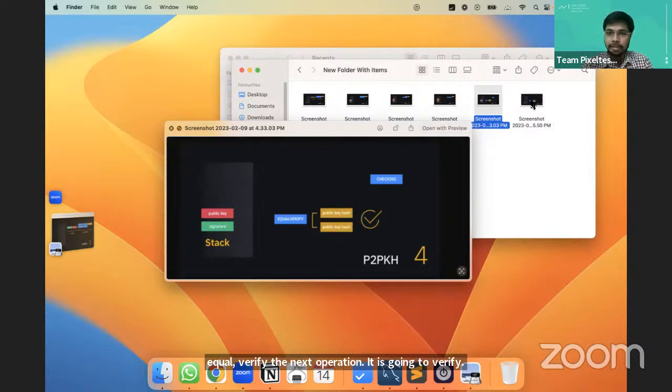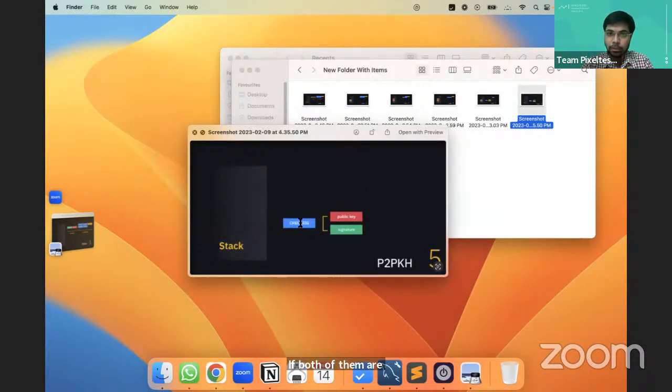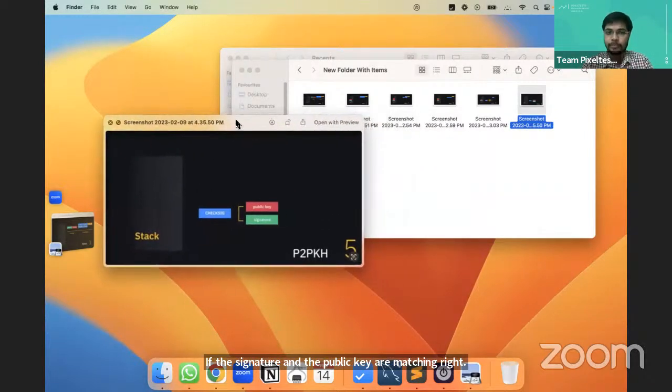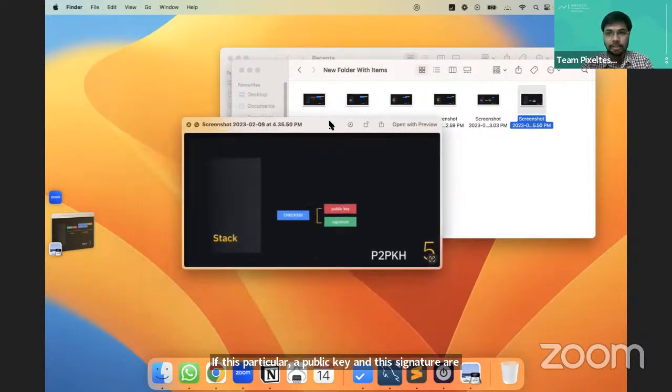And once that is done, the final operation, CHECKSIG, is going to check if the signature and the public key are matching, right? So now this CHECKSIG uses the elliptic curve digital signature algorithm, and is going to check if this particular public key and this signature correspond to each other, right? And then the verification is complete.